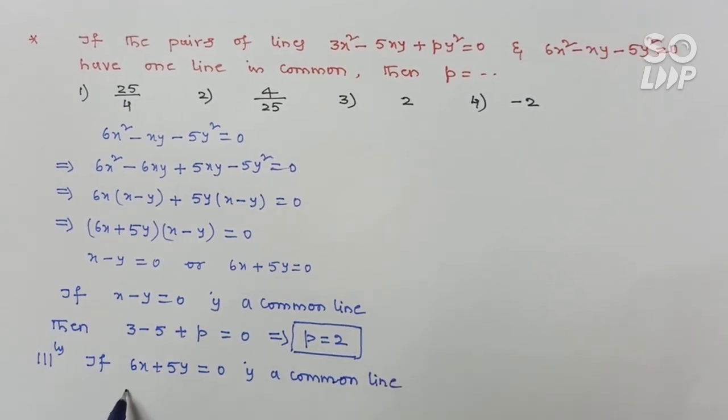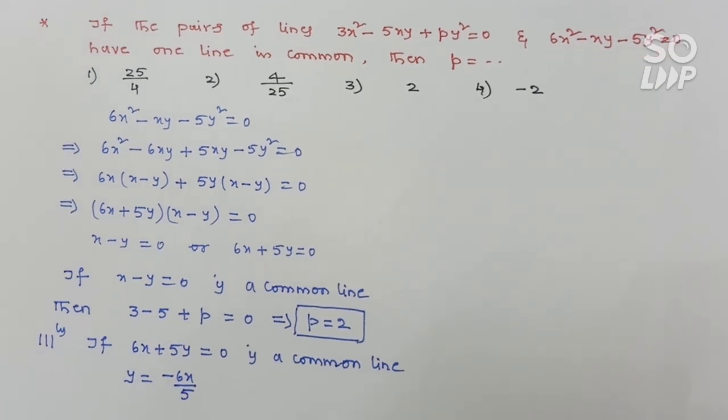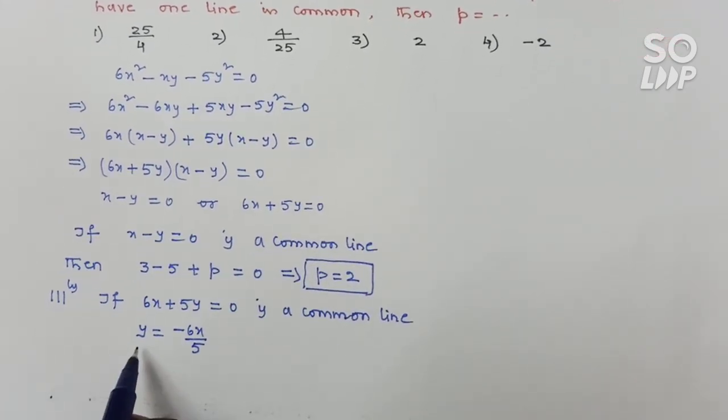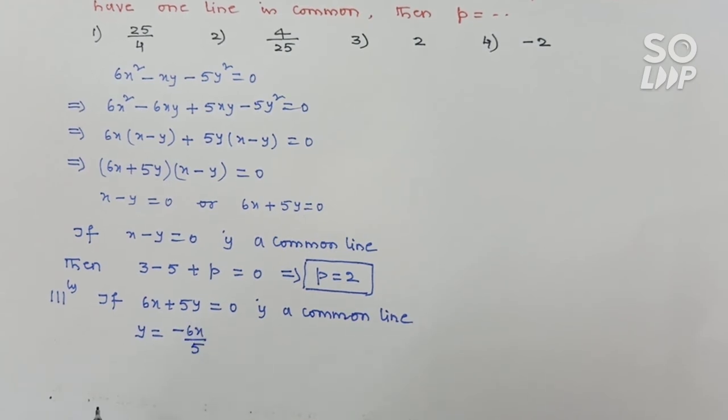That means y is equal to minus 6x by 5. This one will satisfy both equations, right? So y is equal to minus 6x by 5. Substitute in both equations.